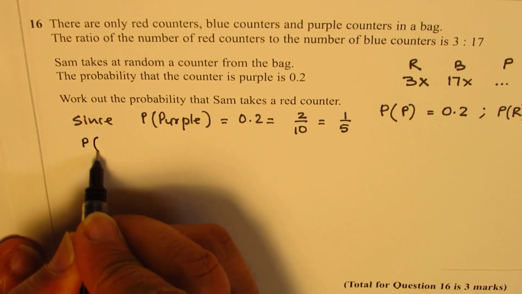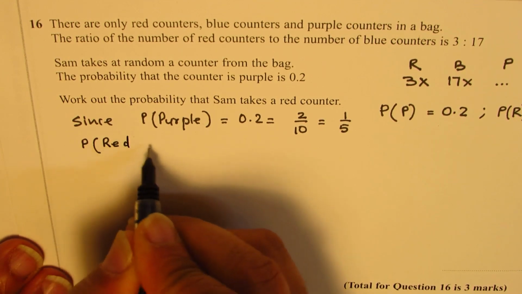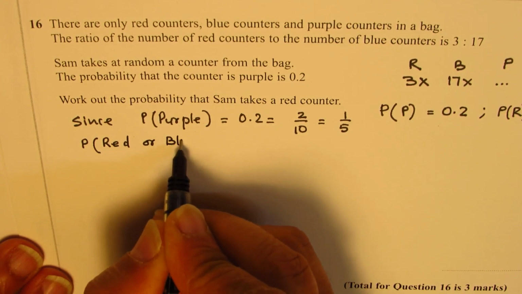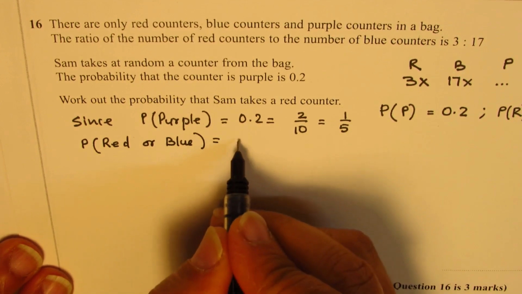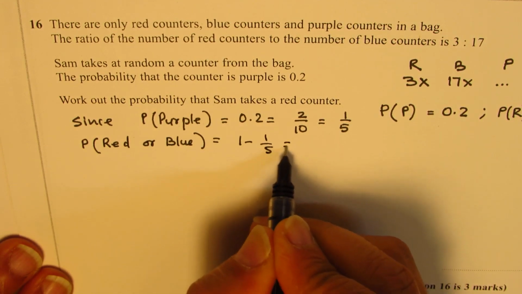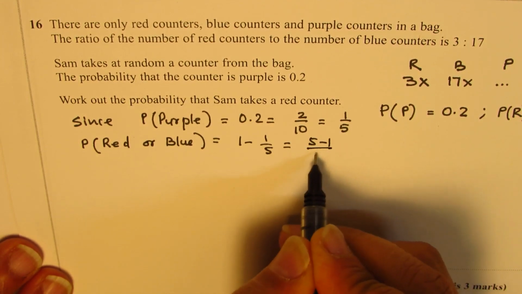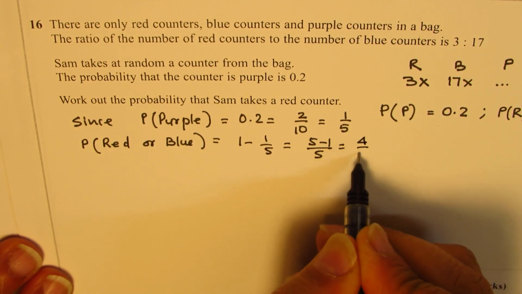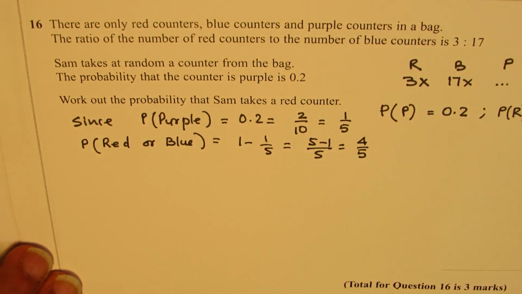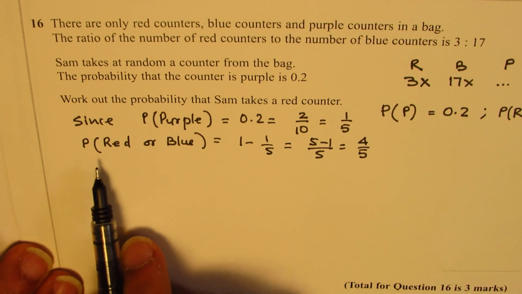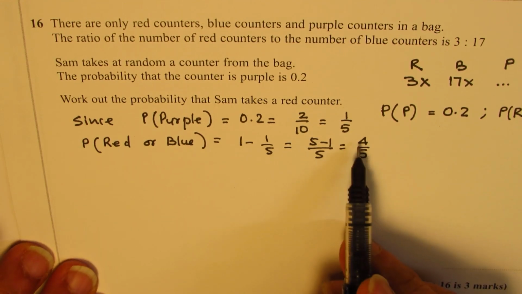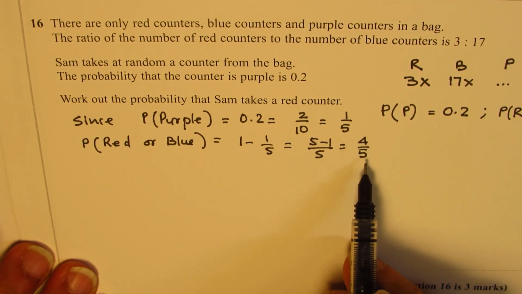So we can say that the probability of red or blue is 1 minus 1/5. That gives us (5 minus 1)/5 or 4/5. Okay. So the probability of picking up red or blue is 4/5.